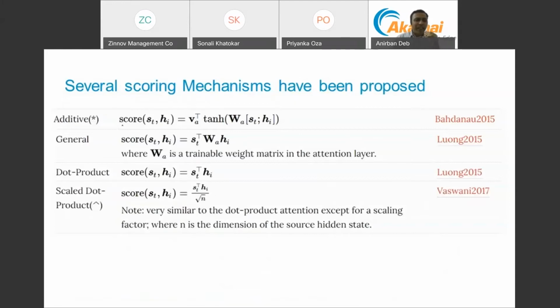The simplest thing is to do a dot product between the hidden state of the decoder and the context that is learned by taking a weighted average of all the input encoder hidden states. The later paper by Vaswani, the transformer paper, said let's scale it down, because they had problems with the gradients becoming too weak after the softmax. So they had to do this.